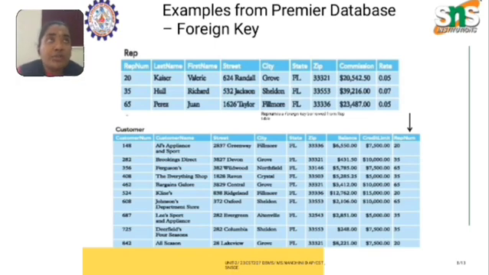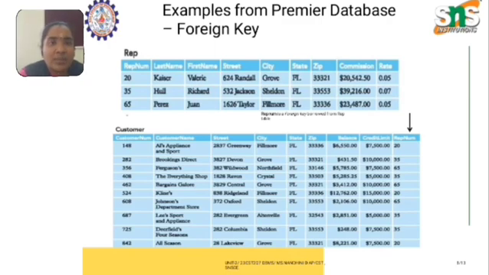So if we are going to find a relationship between these two tables, it is very easy for us because the REP number is in the REP table and also in the customer table. So for 20, combining the first and second table, the REP number will be 20, the last name will be Kaiser, first name Valerie, street 624 Randall, city Grove, state FL, zip 33321, and the commission and rate will appear.